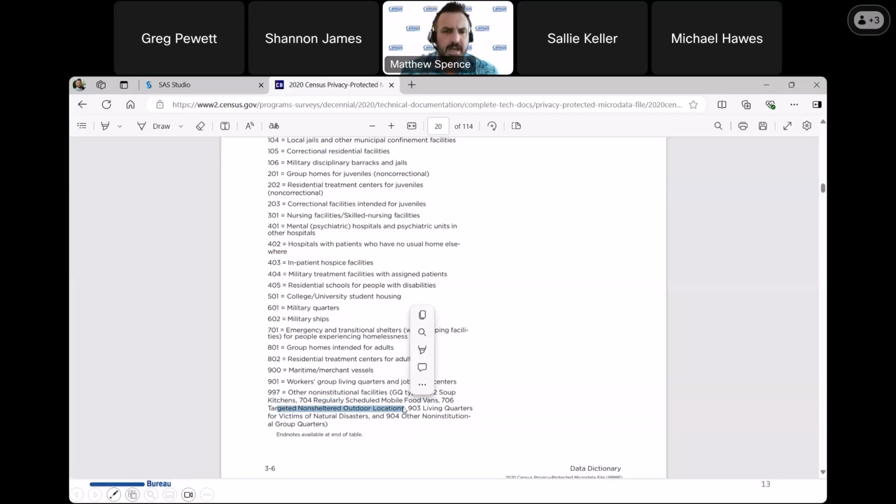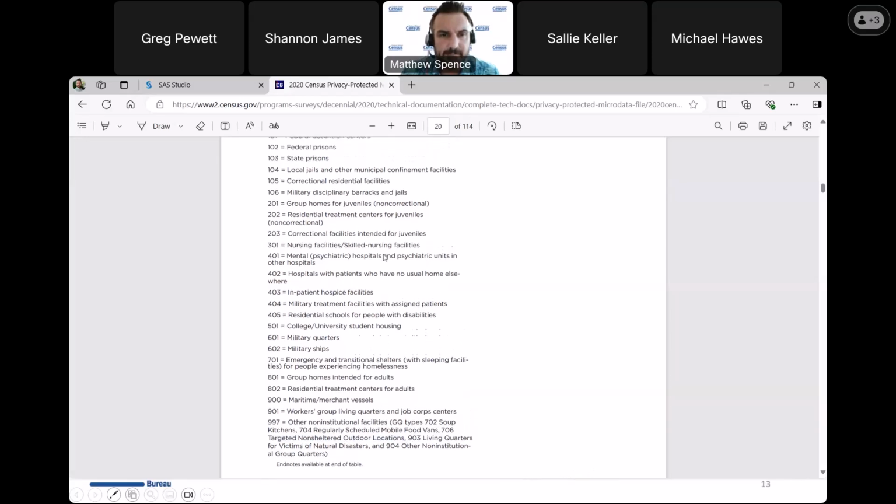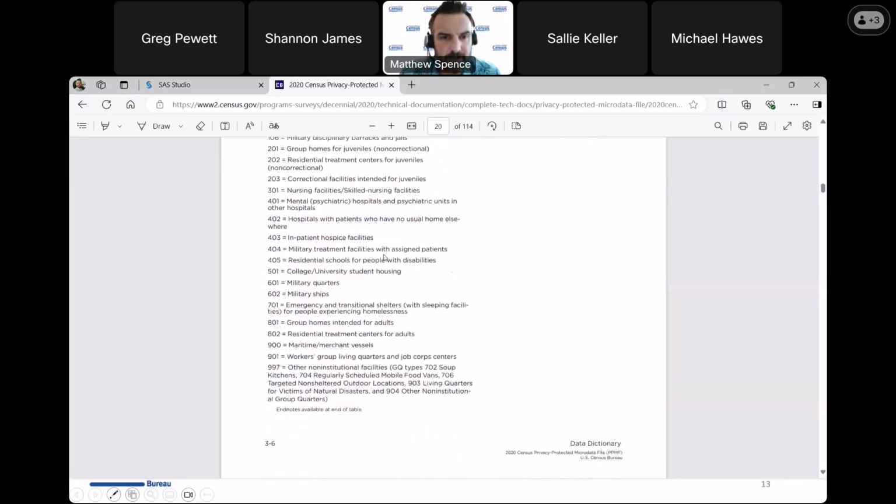We also have, I don't know if it's here or not, I think it's all part of this 997 GQ code, but we also have one for people who might live in RV parks or other campgrounds, things like that.